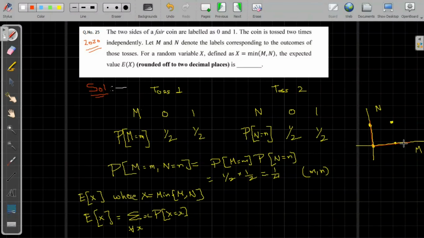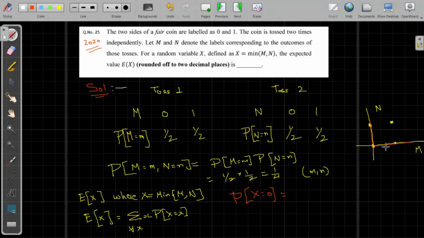So this boundary that I have drawn here corresponding to the positive m and n axis is the boundary for which non-zero probability will occur, and it will correspond to the case x is equal to 0, because here the corner point is 0, 0. So this probability will be equal to the sum of the joint probabilities of these 3 points.